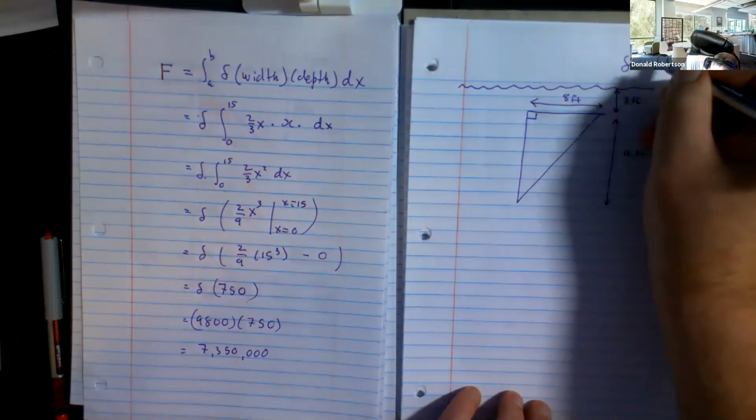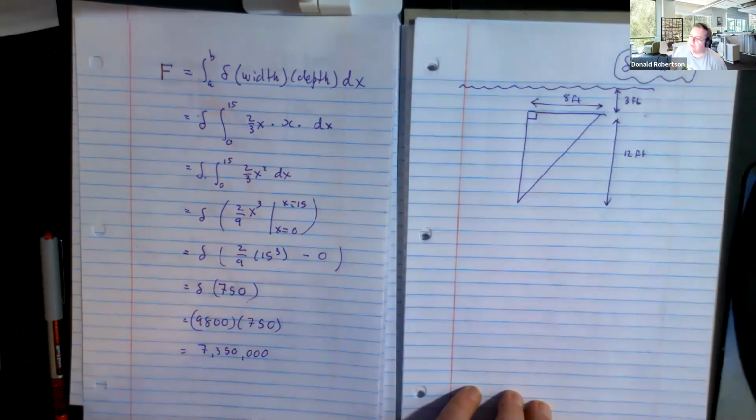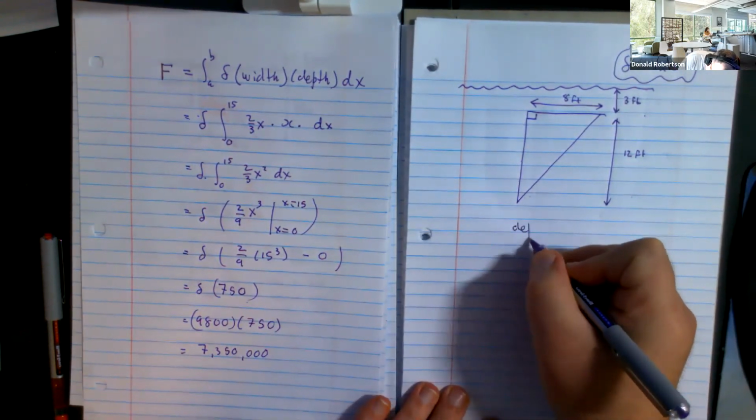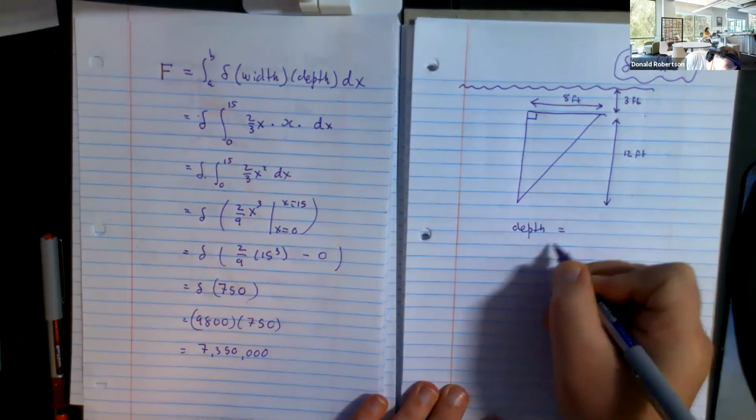Delta is going to be 62.5 in this question because it's feet, right? So that's an imperial one. I'm going to have depth and I'm going to have width.